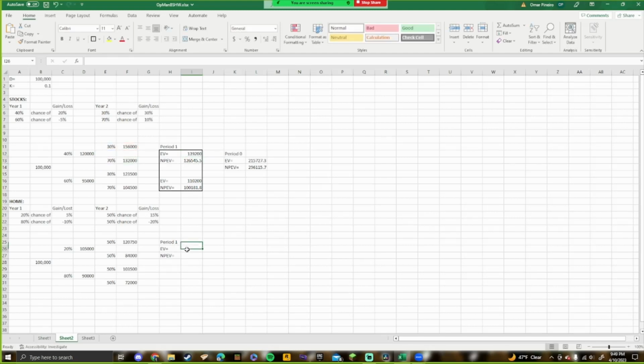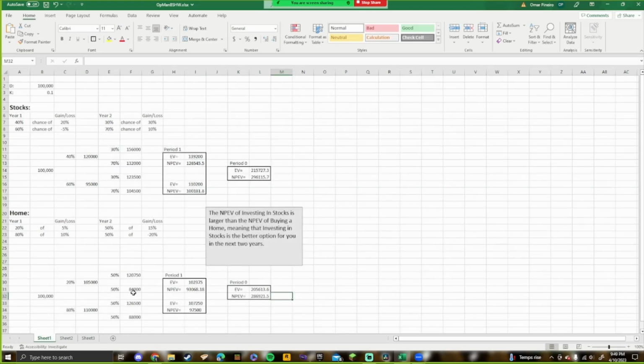So we're just going to recreate that right here. Open the parentheses. 50% chance of this happening plus the 50%, well actually let's do parentheses. 50% chance of this value happening. 102,000. That should be right here.